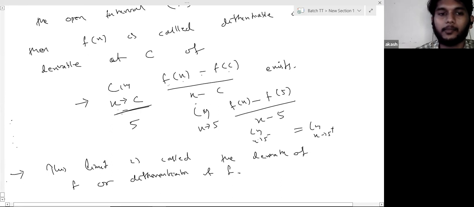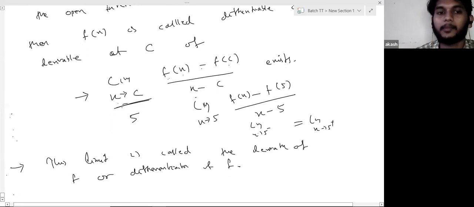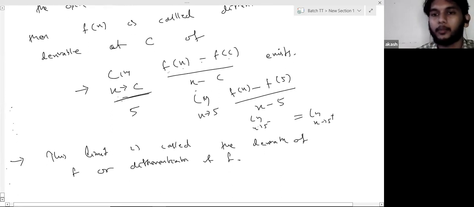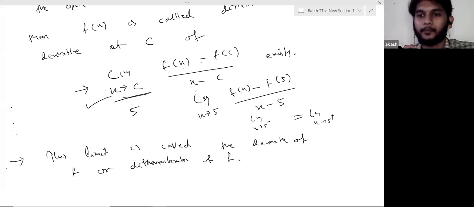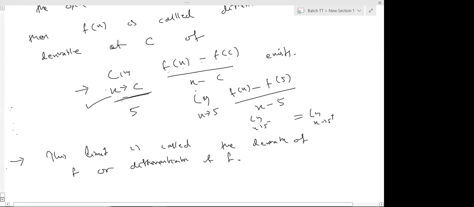What does this mean? We have memorized all the formulas: x square is 2x, sin x is cos x, in differentiation. But how did they get the formula? They did this only. They have figured out all the limits and gave you the formula so that we don't have to find the limits always.